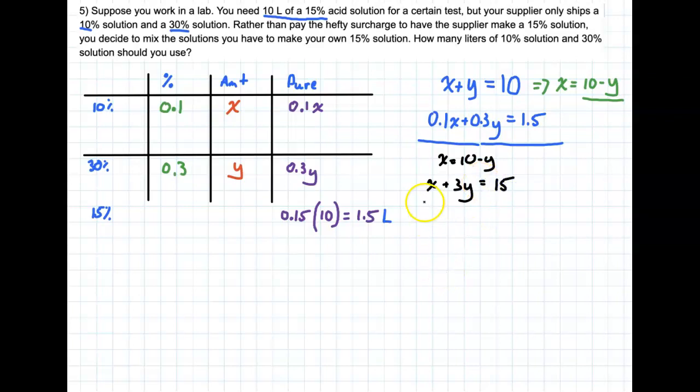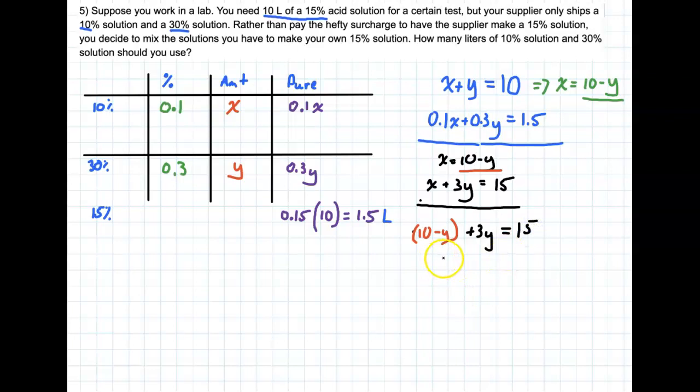So now I'm going to go ahead and substitute. This is the x value here, right? So for x, I'm going to substitute 10 minus y, and then plus 3y is equal to 15. All right, good.